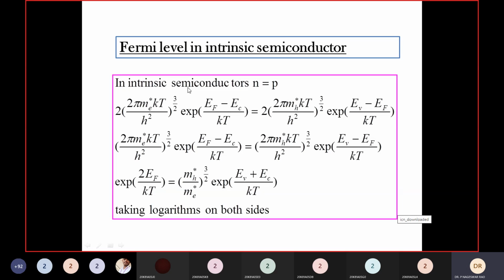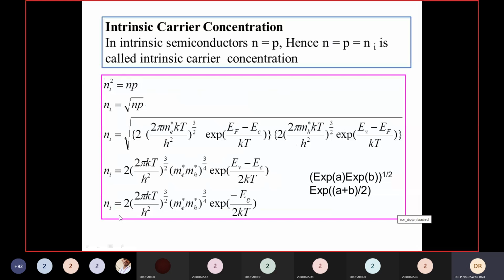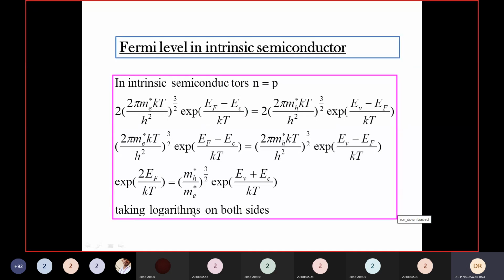What is the Fermi level, and what does it depend on? The above one is a very important one. This is the carrier concentration of an intrinsic semiconductor. First you have to calculate the n value, and then the p value. Then we substitute that n value and p value in this equation, and finally we get the carrier concentration in case of an intrinsic semiconductor.